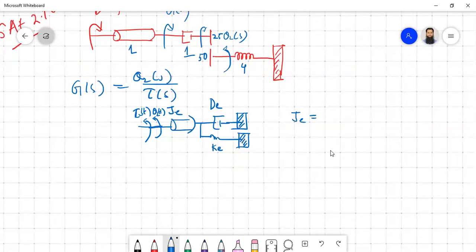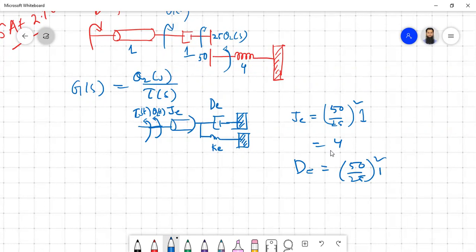J equivalent will be equal to J going to the secondary side, so secondary teeth, that is 50 divided by 25, and the magnitude is 1, so actually 2 square, that is 4. Similarly, D equivalent will be also 50 by 25 whole square with magnitude 1, so it is also 4.